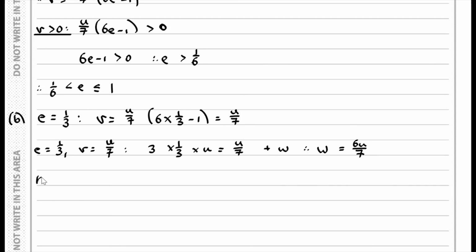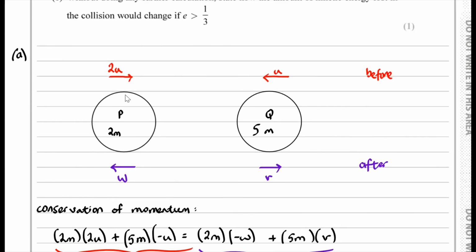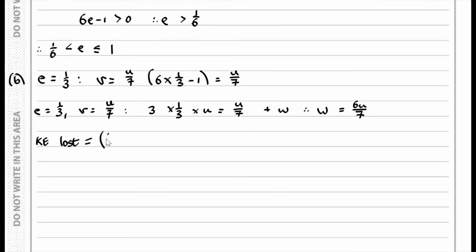And therefore, the kinetic energy lost. Before, as in red, we have a half times 2m times 2u all squared, plus a half times 5m times u squared. So before we have 1/2 times 2m times 4u squared plus 1/2 times 5m times u squared. This is the situation before.